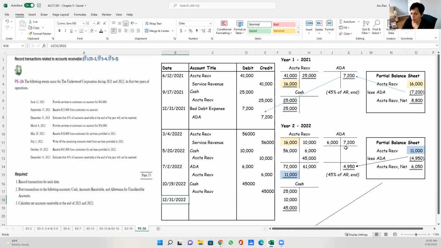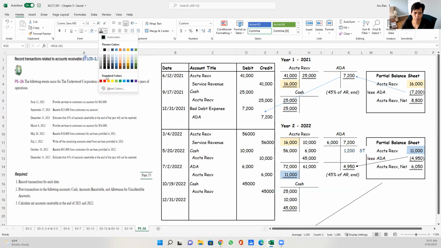So let me first do a subtotal over here. That's all it is. This number is a subtotal. Let me write ST to let you know that this is a subtotal. So you know what that number is, the 1,200.